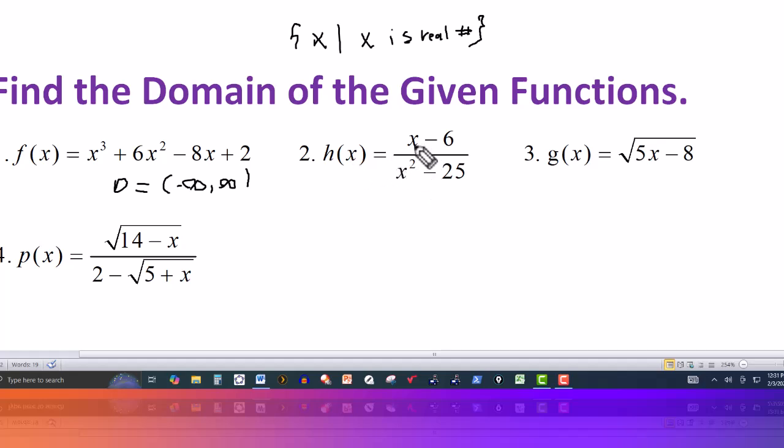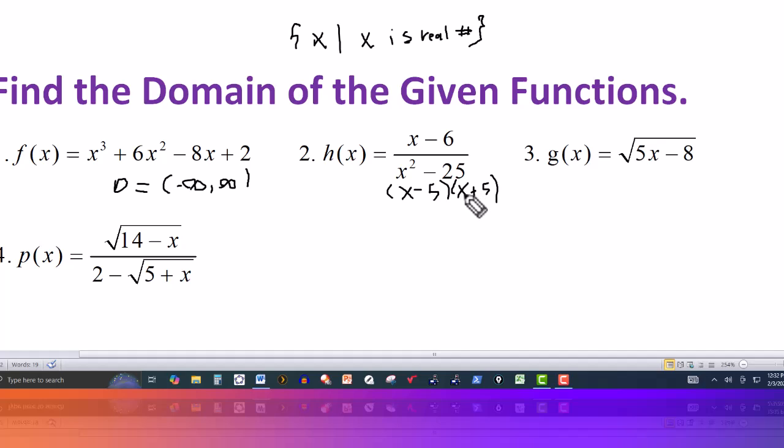So for a rational function, in this case, we're looking at all real numbers that don't make the denominator 0. We can factor the x squared minus 25 into x minus 5 and x plus 5. You can see here that if x is 5, you get 0 here. 0 times anything is 0.